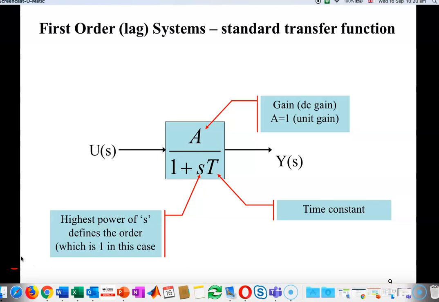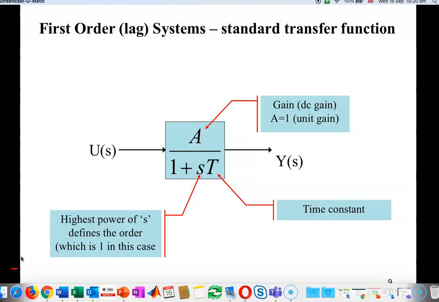The DC gain is the ratio between the output and the input in steady state. So if your input is a constant, then the output in the steady state, after the initial transitions, will equal the DC gain times the input.